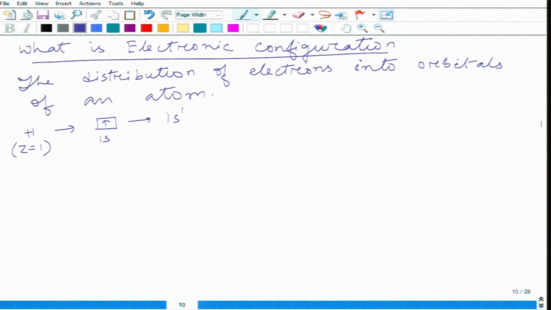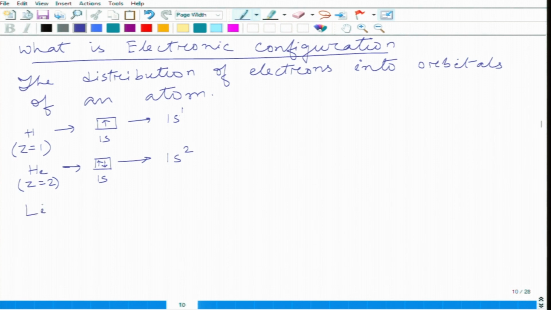We write the principal quantum number and the azimuthal quantum number, and we write the number of electrons in the superscript. The next is helium, Z equal to 2. There is the 1s subshell with 1 electron, and the second electron will come here only, with the opposite spin. So we write this as 1s2.